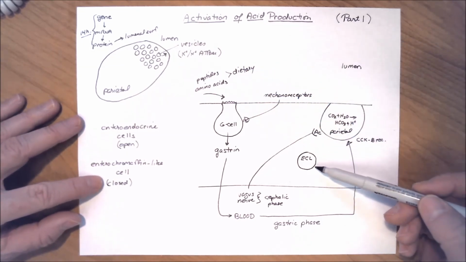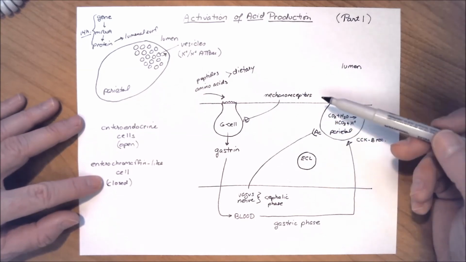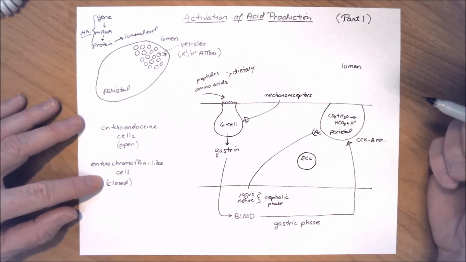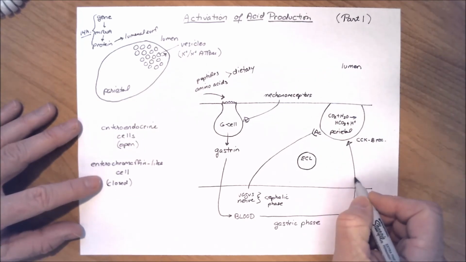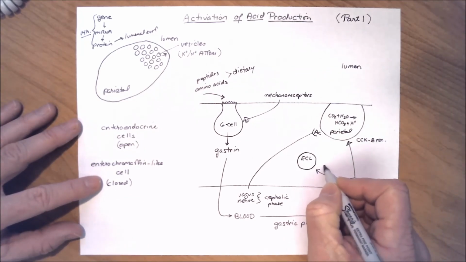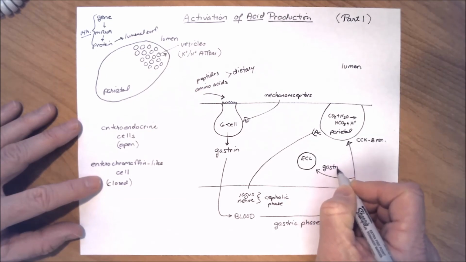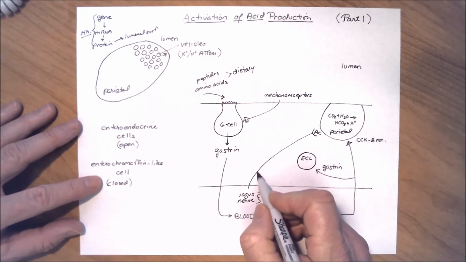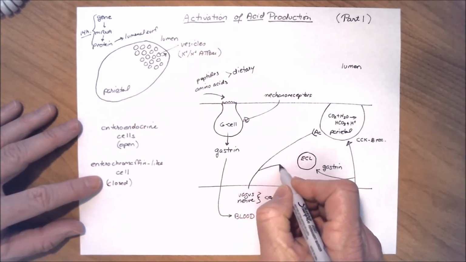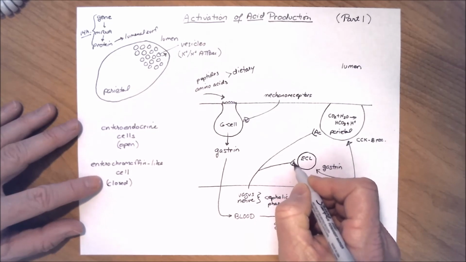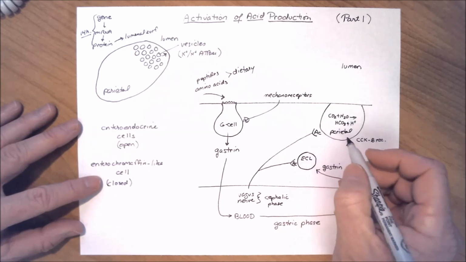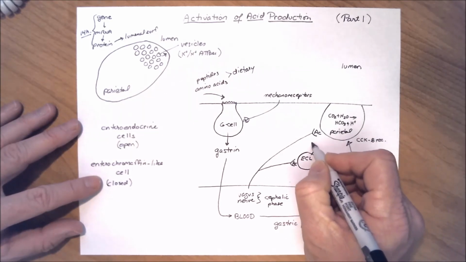Closed means it's completely embedded in the tissue and has no contact with any sensing of dietary components, but what it is sensing is gastrin. So gastrin is a stimulant of ECL cells, as well as vagus nerve stimulation, and the ECL cell will produce histamine.